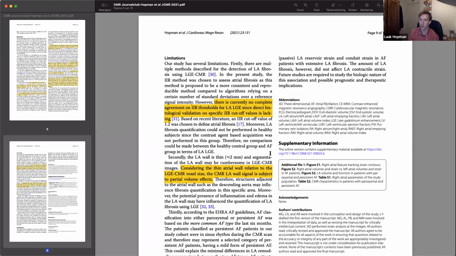So we had to draw the endocardial and epicardial contour in the left atrium, and that's not that easy sometimes because there's no atrial wall where the pulmonary veins come in and at the left atrial appendage.